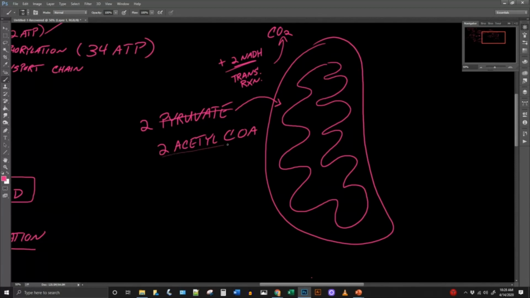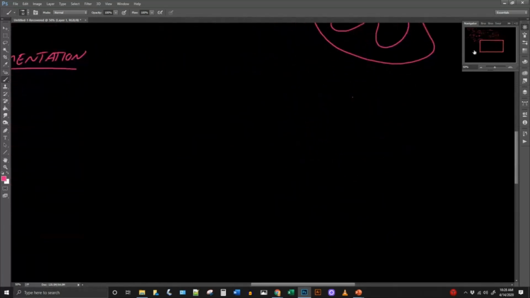And we've made 2 acetyl-CoA, which then can continue into the matrix where the Krebs cycle happens. These are all processes that will occur if there's oxygen present.